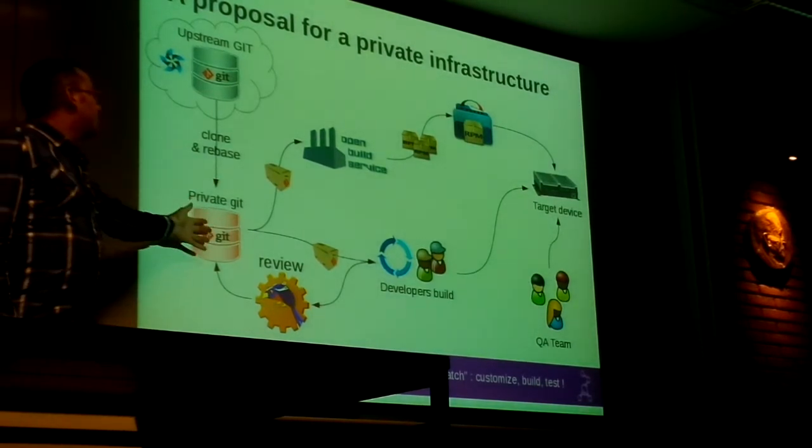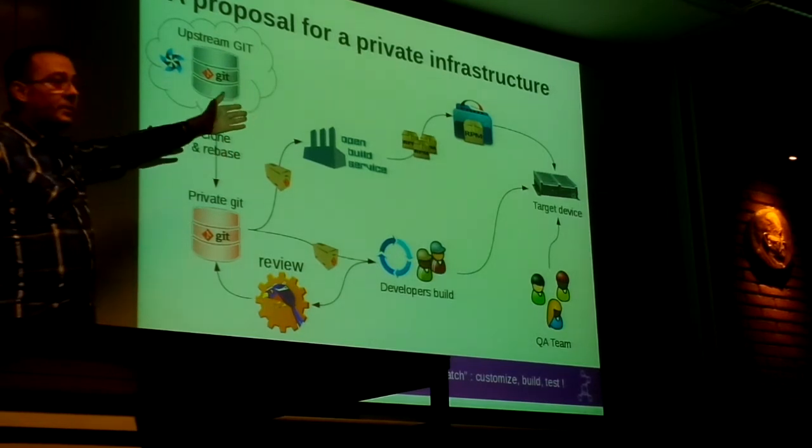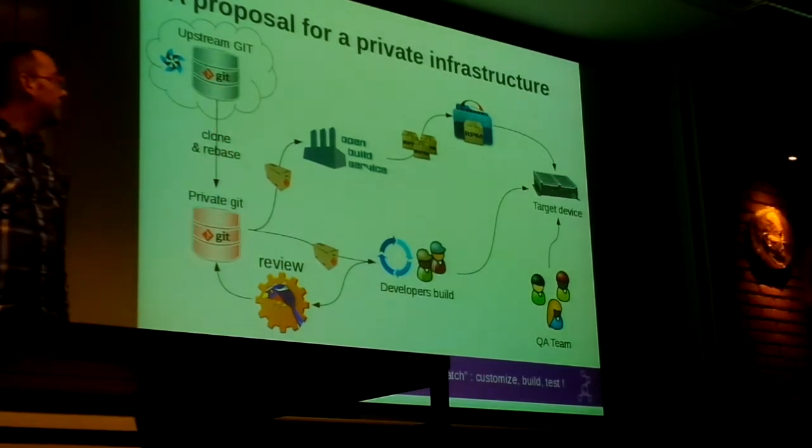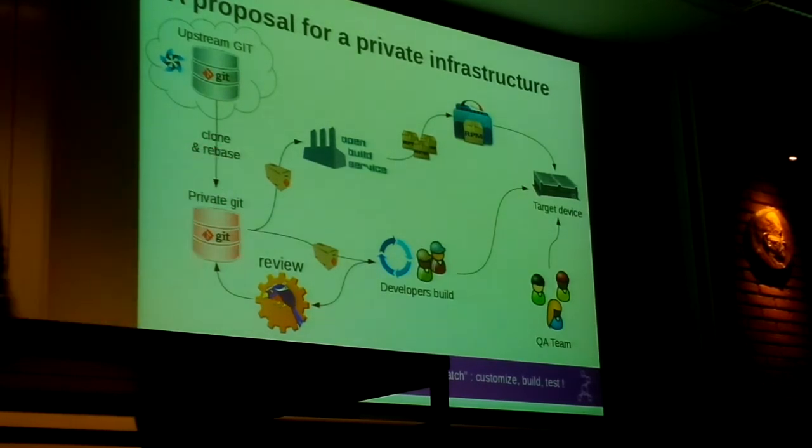Also, you have some sources here that you will build on your OBS. You will publish internally the RPMs. You will push the RPMs, you will build images and push the images on your target devices so that your QA team is able to make tests and make reports, etc., etc.